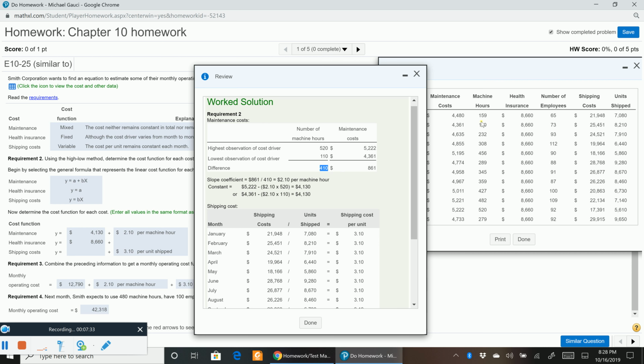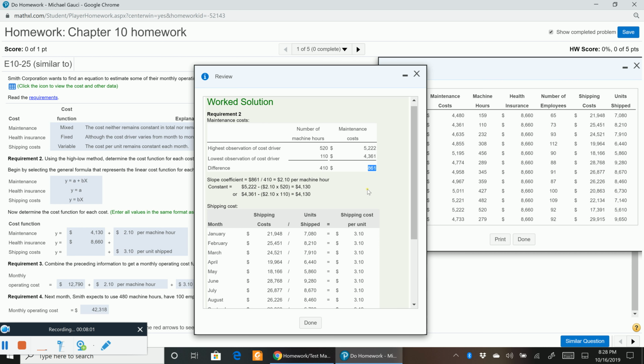We will also look at the dollar amounts attached to the high level and the low level. At the high level, where we had 520 machine hours, we had a total cost of $5,222. At the low level, where we had 110 machine hours, the maintenance cost was $4,361. If I subtract the low from the high, I get $861.